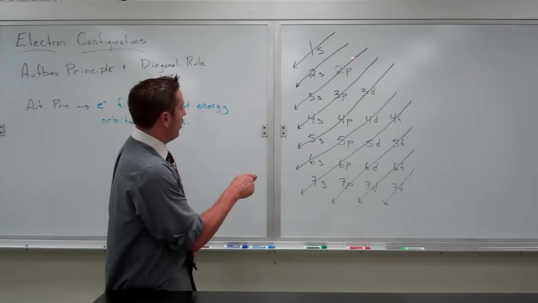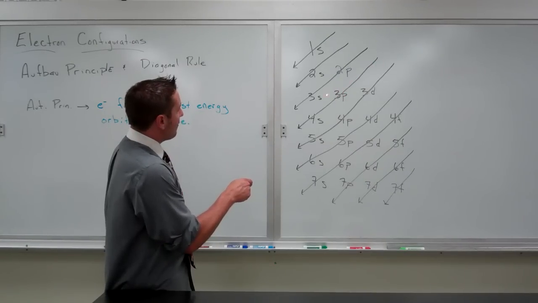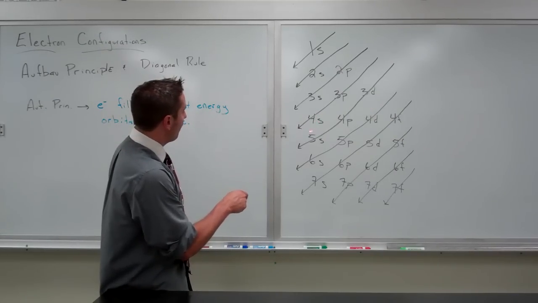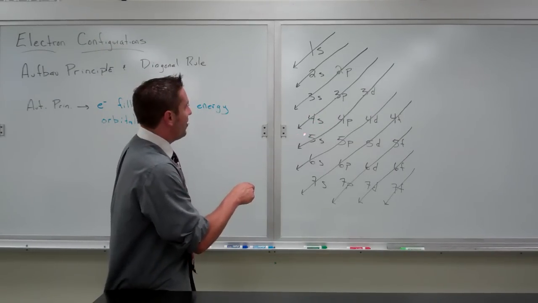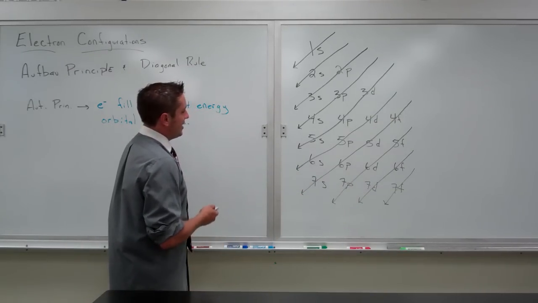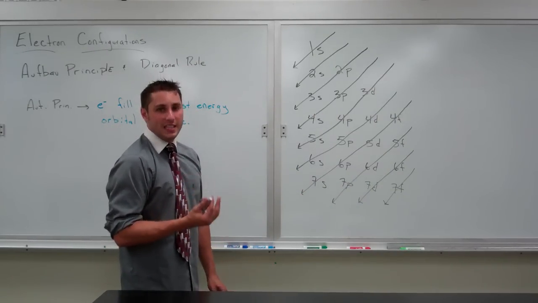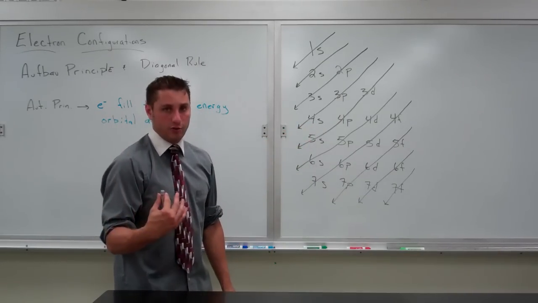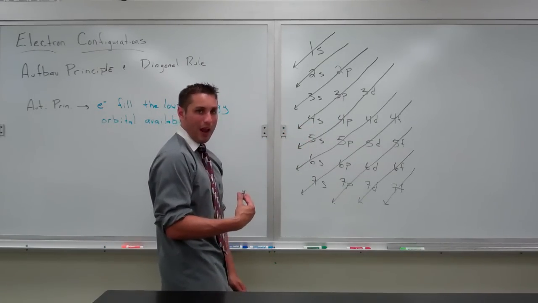For instance, according to the diagonal rule, after the 3p fills, the 3d does not. The 4s fills. Then we go back and fill the 3d. The reason for that is this: an s orbital is so easy for an atom to create, even though it will do so in a higher energy level, which usually has more energy.